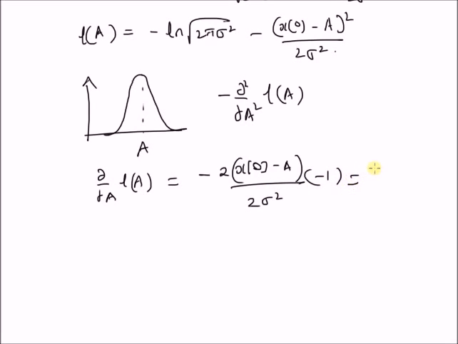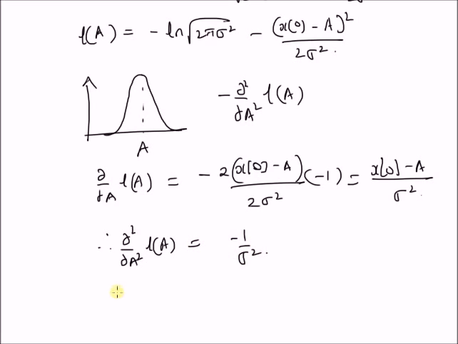Therefore, this is equal to (x[0] minus A) divided by sigma squared. Therefore, the second derivative of the log likelihood function is equal to minus 1 by sigma squared. That means the negative second derivative of the log likelihood function is equal to 1 by sigma squared.